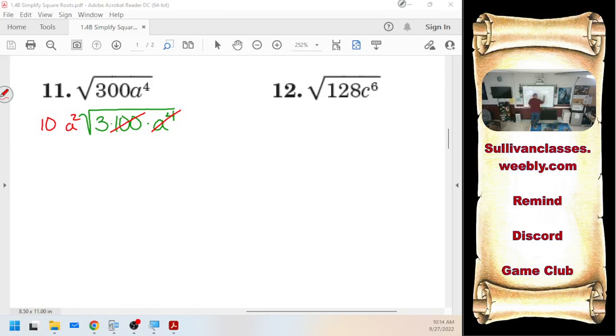It's so much easier to write this as 2 times 64 times c to the 6th, because the square root of 64 is 8, and the square root of c to the 6th is c to the 3rd. Look at how much faster it is if you know your perfect squares. You can write it out longhand, but it's going to take you longer.